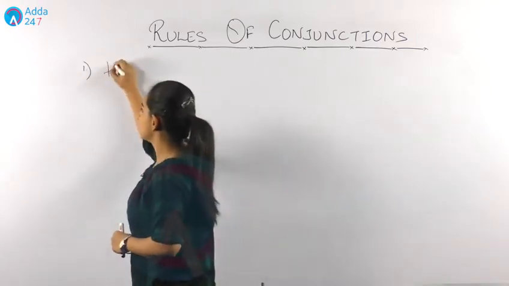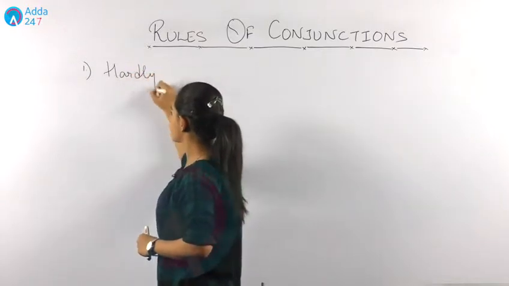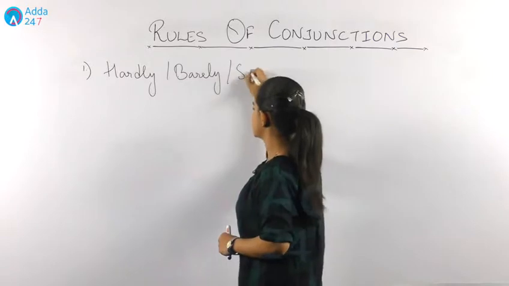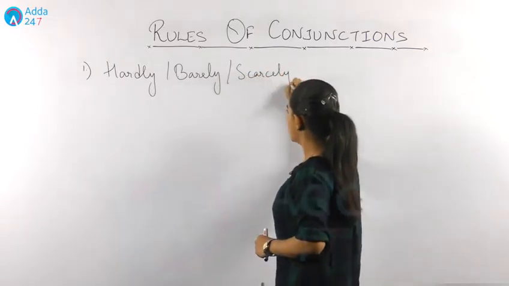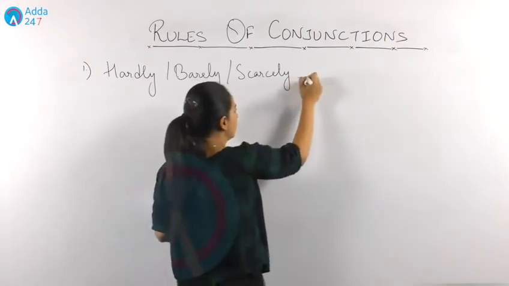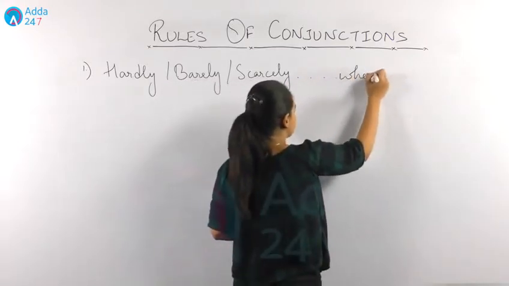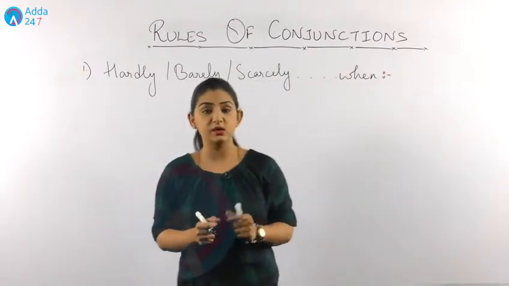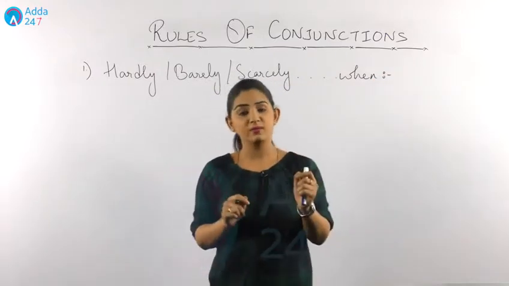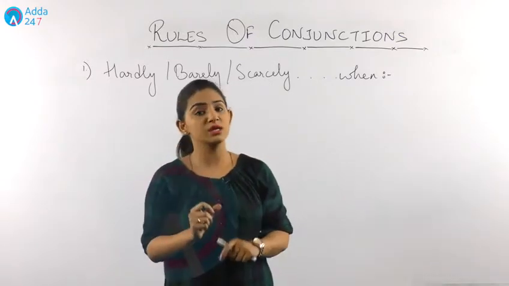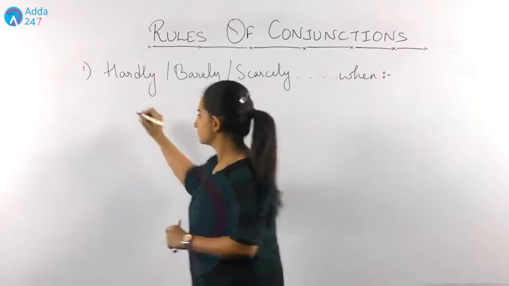If we use hardly, barely, or scarcely in a sentence, there is a condition that it will only follow when with it. And where do we use hardly, barely, scarcely? We can only use it when we have to show there is a certain time gap between two tasks performed.